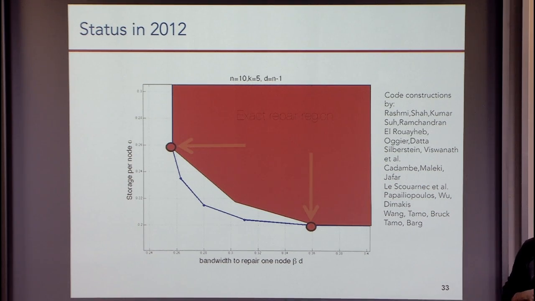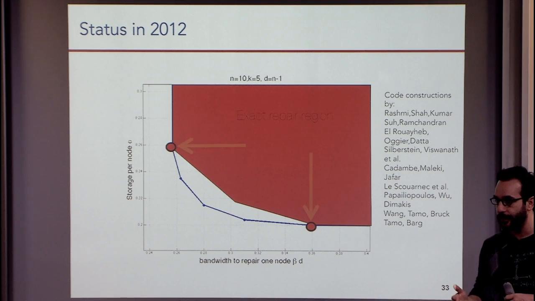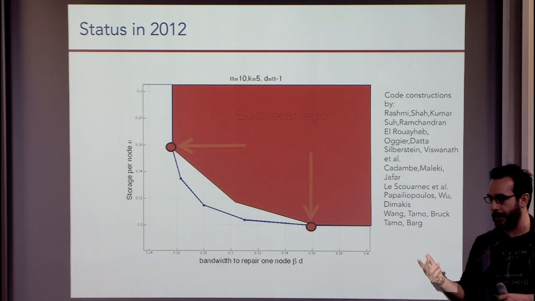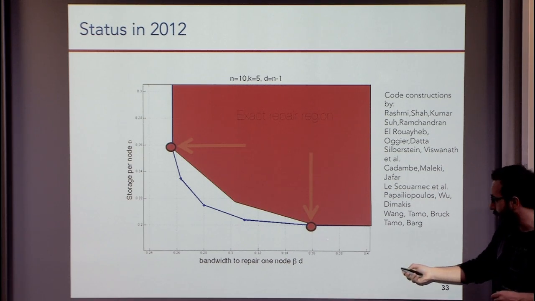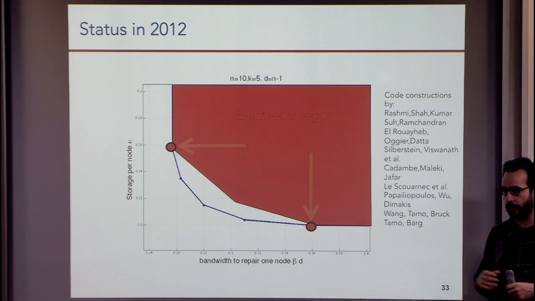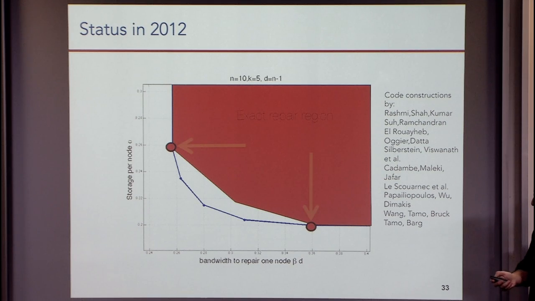Initially, we had good codes for rates up to 1/2, and then there was a paper that used interference alignment that was able to show it for all codes, but with the subpacketization being exponential. And still, we don't know how to achieve this point with polynomial subpacketization.